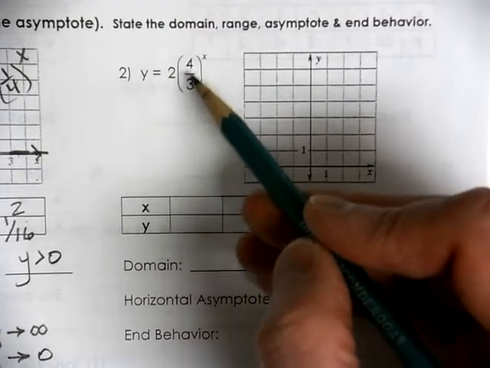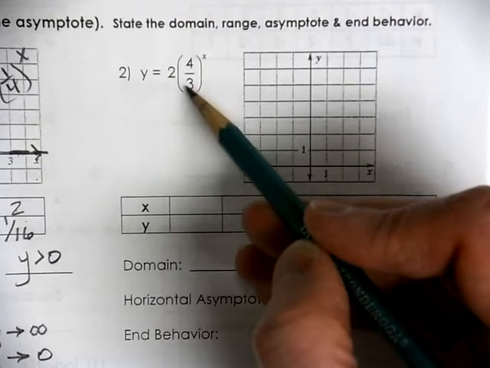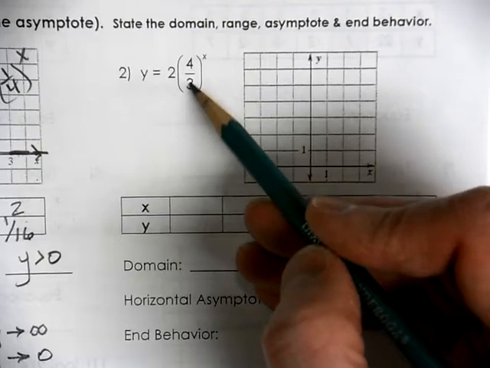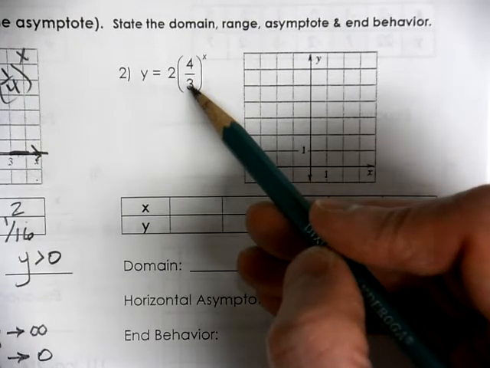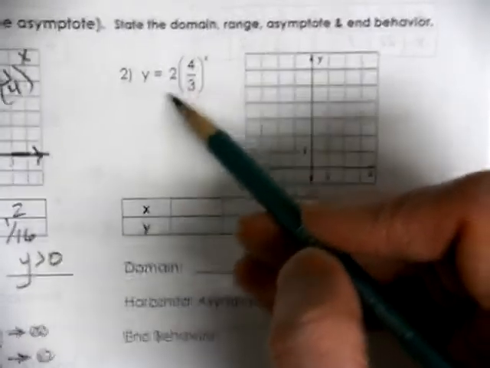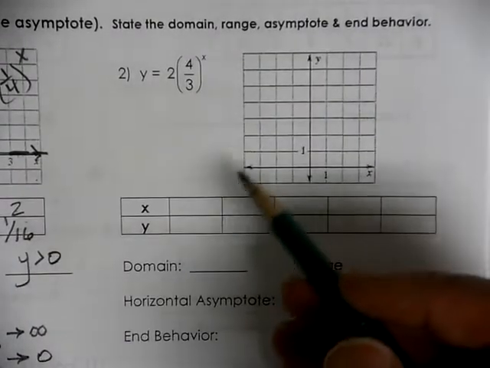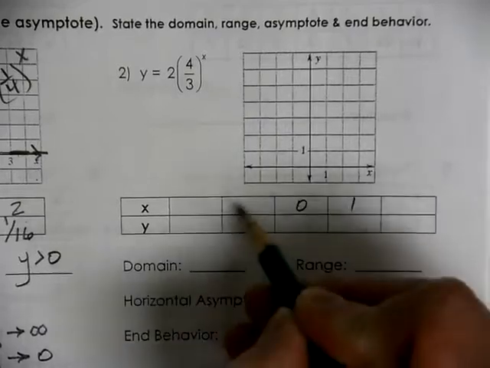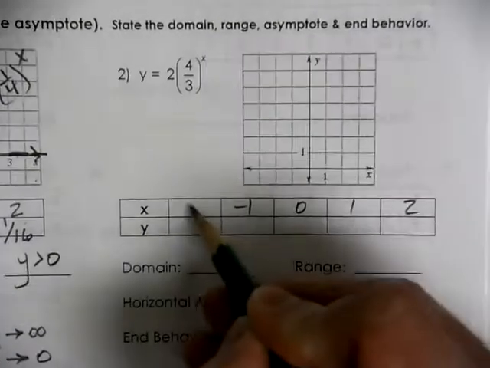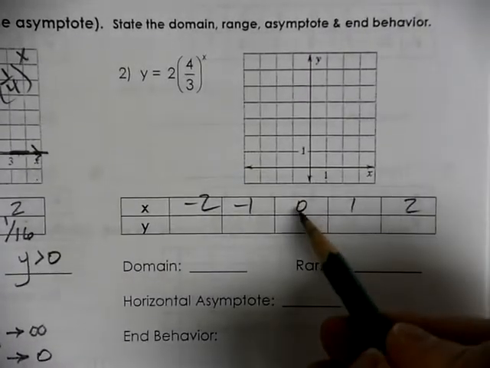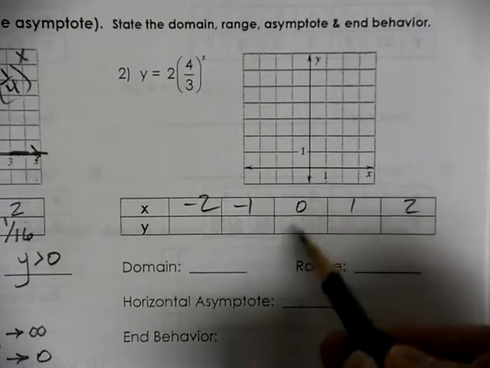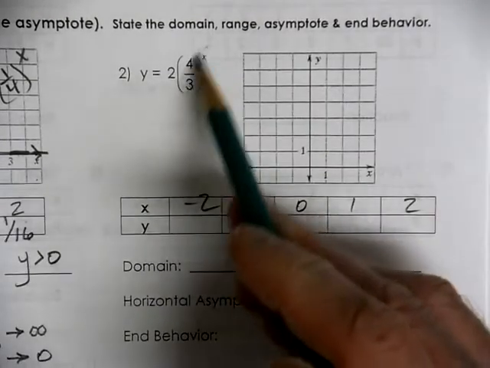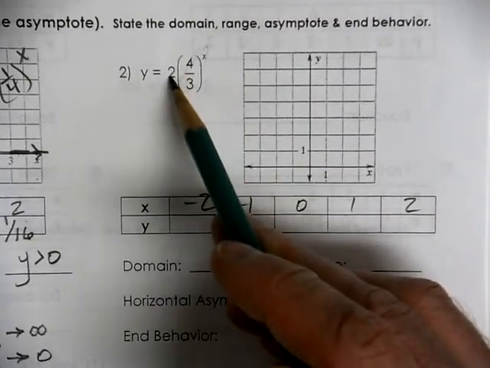Here we have an a value and a b value. The b value is 4/3, so that means it's greater than 1. It's 1 1/3. So again, we're going to plug in x values. When an exponent is 0, we're going to get 1, but then we're going to times it by the 2.